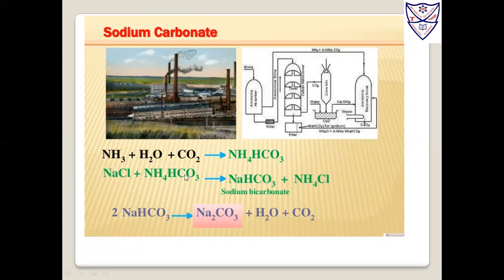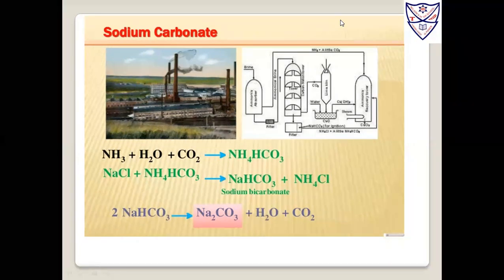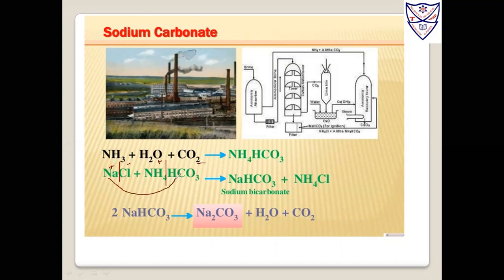Next, NaCl, which is common salt, comes in contact with ammonium hydrogen carbonate and gives sodium bicarbonate. How is it formed? Look over here. Na is Na plus, and Cl is Cl minus, and here NH4 is NH4 plus, and HCO3 is HCO3 minus. Na plus reacts with HCO3 minus, and NH4Cl is formed.